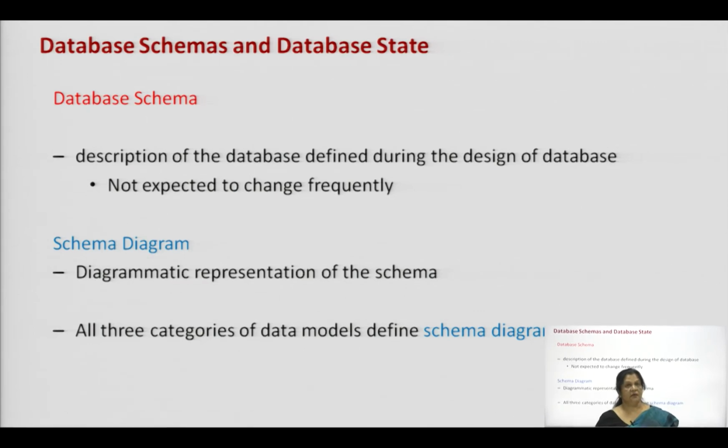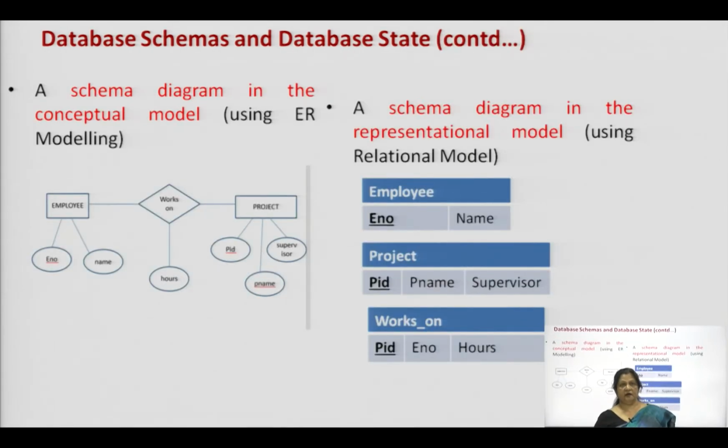the schema diagram. For example, let us have a look here. This is a schema diagram in the conceptual model using the ER model, and this is a schema diagram in the representational model using the relational model. So, what do we see here?